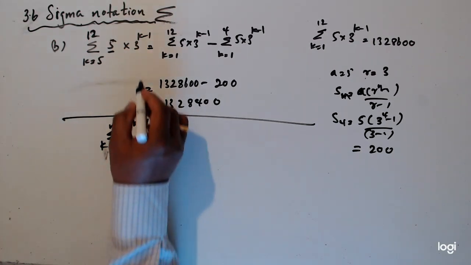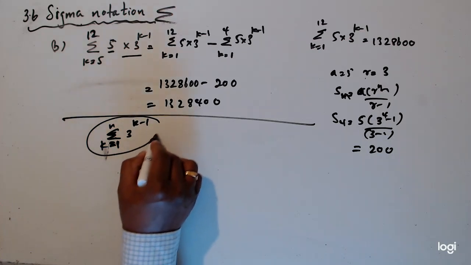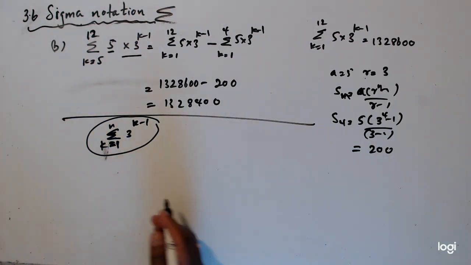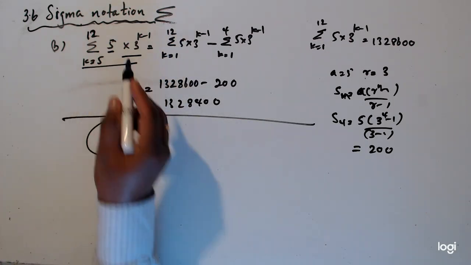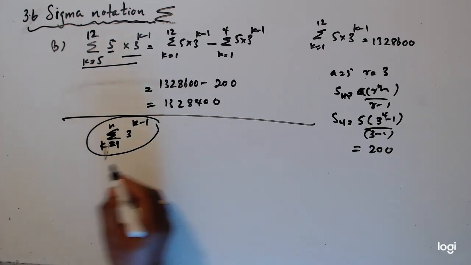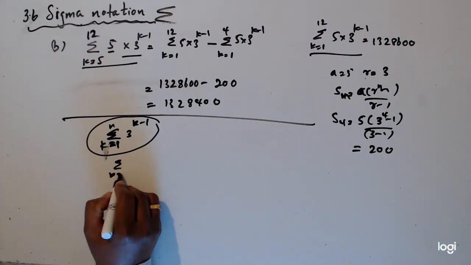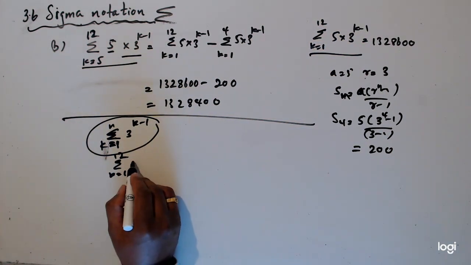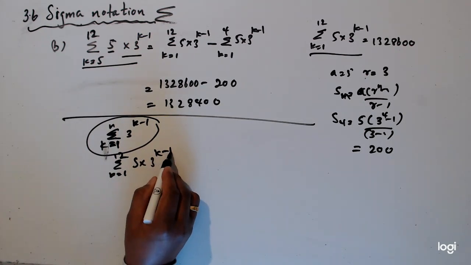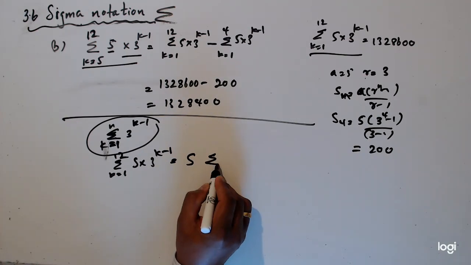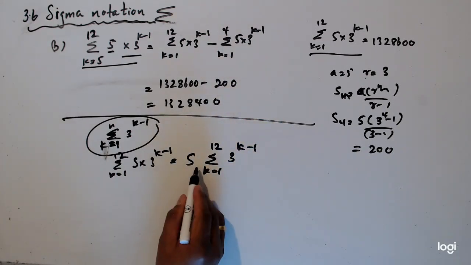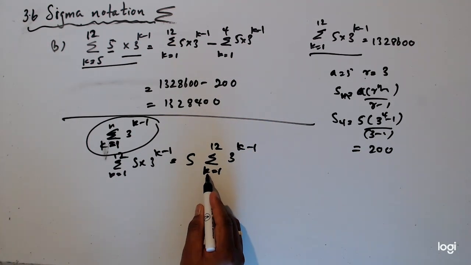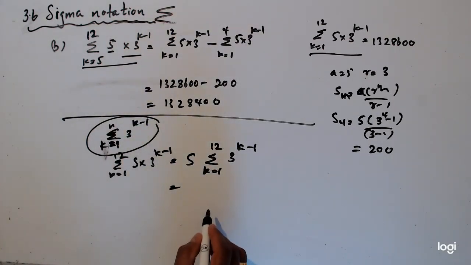If we know only this one, or we can find it out as usual, then we can work out this one, sorry, this one, k equals 1 to 12 of 5 times 3 to the power k minus 1 equals 5 times the summation k equals 1 to 12 of 3 to the power k minus 1. I took 5 out because it is a constant, and this is an extension to the lesson.